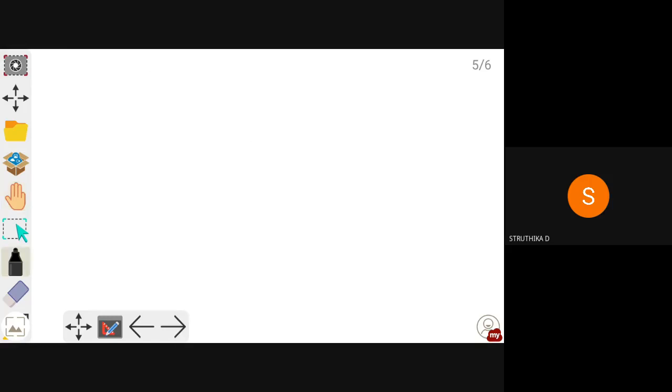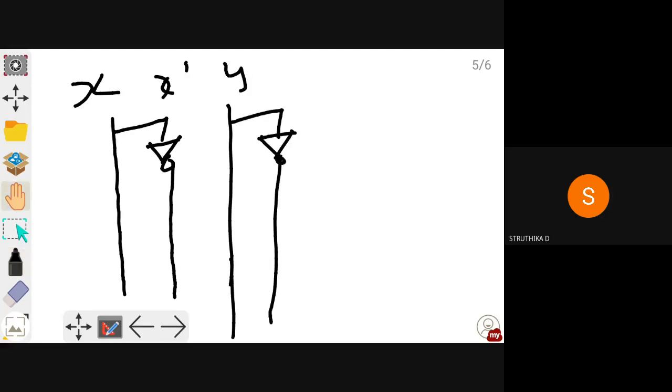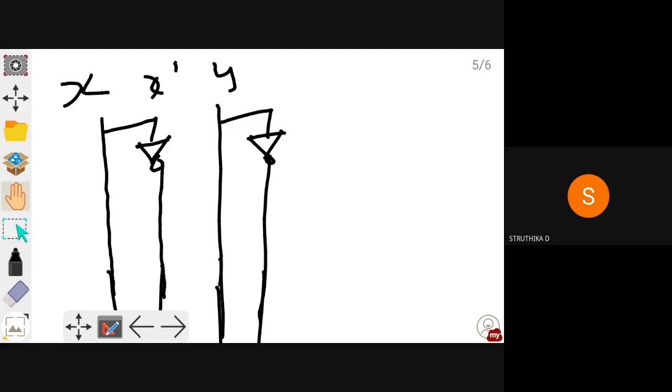So how will you obtain the logical diagram? This is x, this is x bar, then this is the y input, and this will be y bar. So these are the inputs: x, x bar, y, y bar.